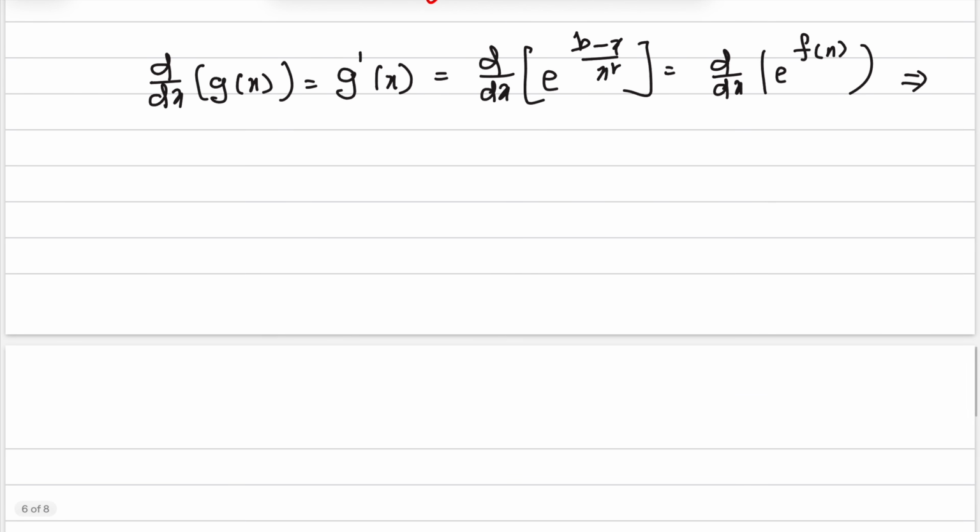This is a very important equation, be thorough.